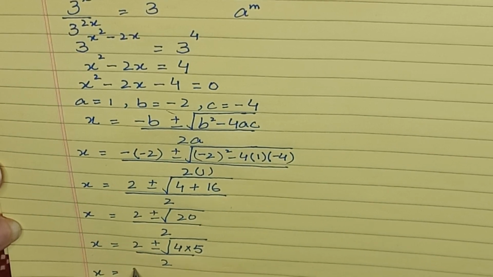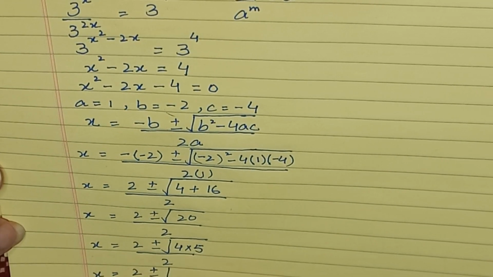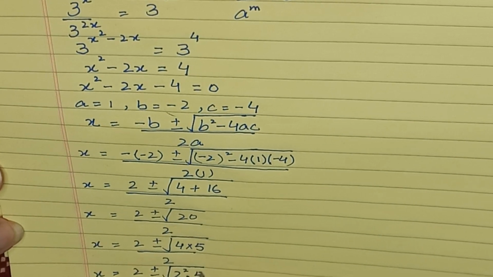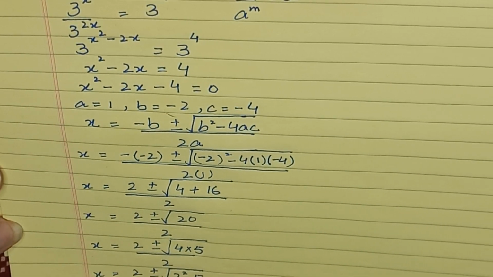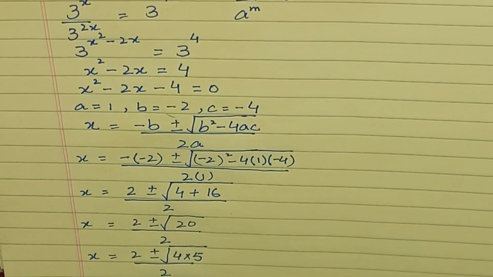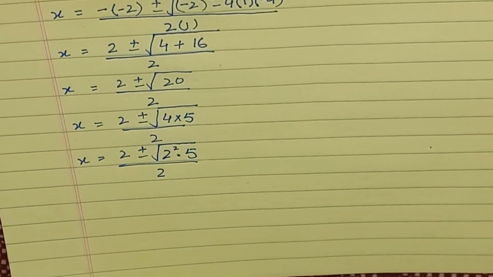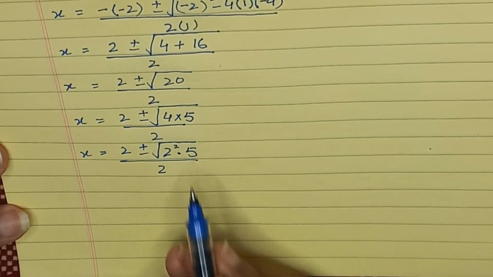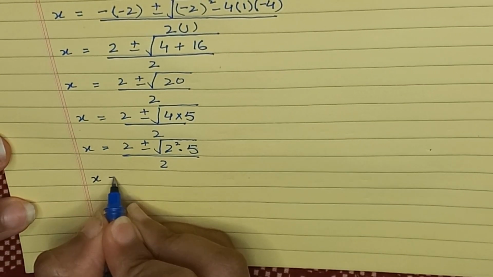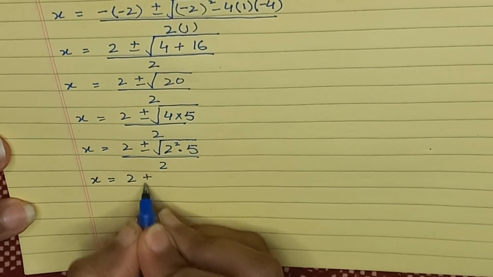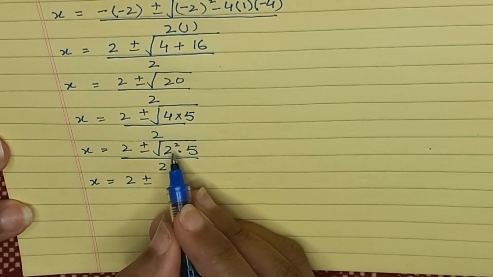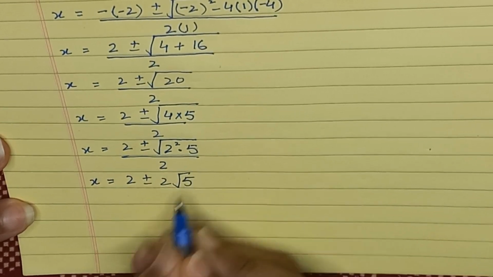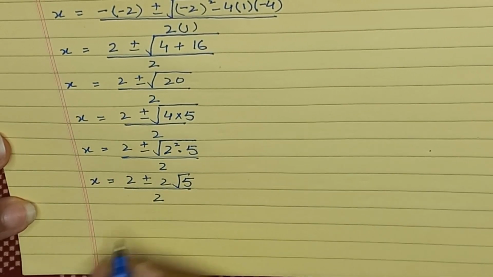So x is equal to 2 ± 2² times 5 under the root, divided by 2. So 4 means 2² into 5. So from here x is equal to 2 ± 2 times the square root of 5, divided by 2.